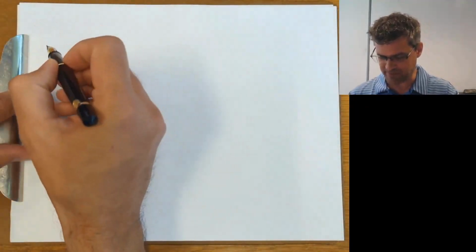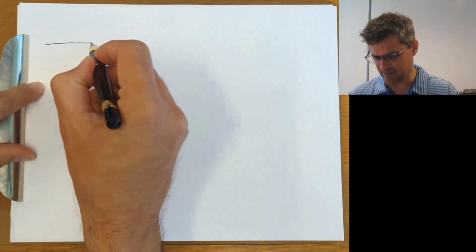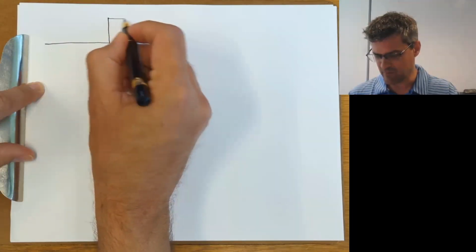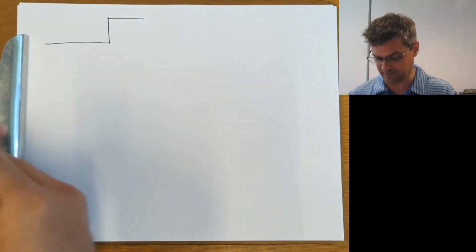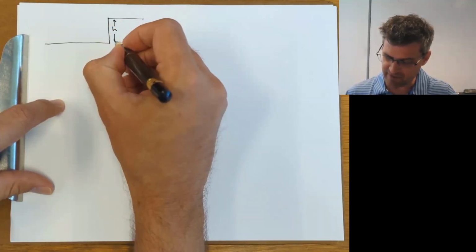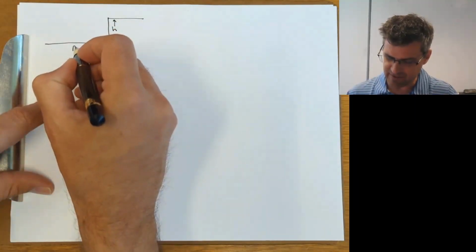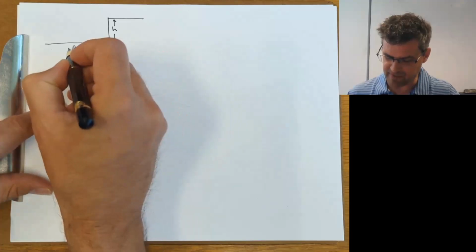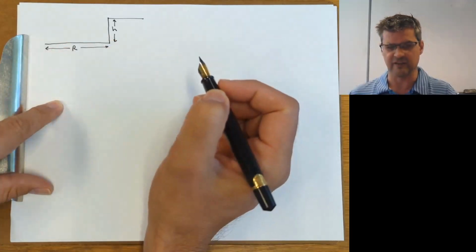I'm going to come up with a case where we have some particle, some projectile, and it's going to be fired at some cliff of height h, and we're going to fire from some distance r away.